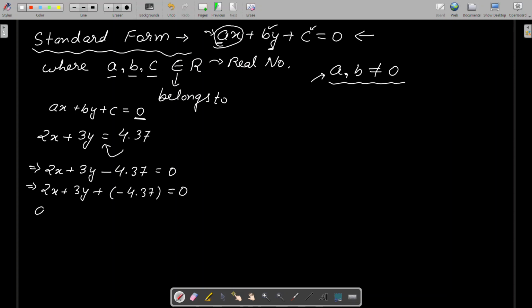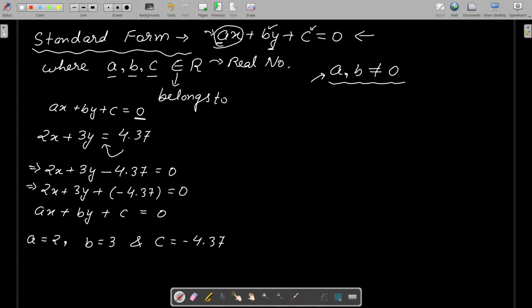Now if you compare this with the standard equation, that is ax plus by plus c equals to 0, by comparison you will get a is equal to 2, b is equal to 3 and c is equal to minus 4.37.